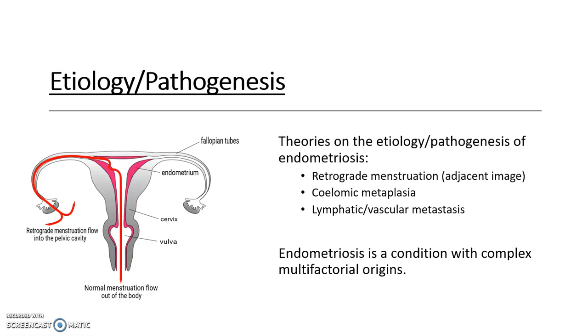In addition to these three theories or hypotheses, there are several other factors such as oxidative stress, immune dysregulation, inflammation, hormonal imbalances, and genetics that play a role in the pathogenesis of endometriosis, suggesting that endometriosis is a condition with complex multifactorial origins.